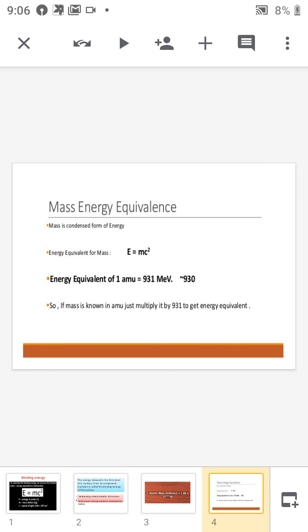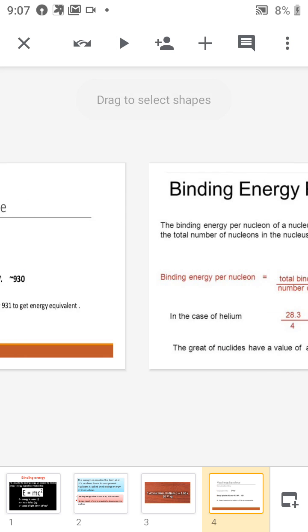These two relationships are very important while doing problems: 1 AMU is equal to 1.66 into 10 to the power minus 27 kg, and 1 AMU is equal to 931.5 million electron volt. We have to learn these by heart. Both the statement and the problem of binding energy are important for the university question.